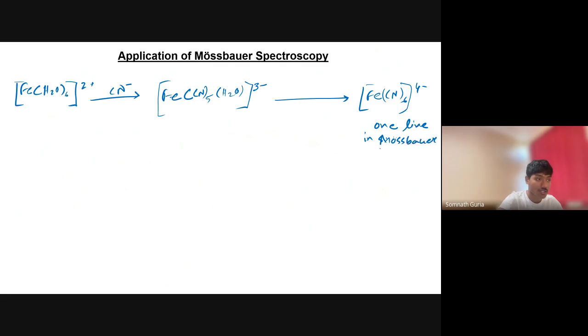So this will be 3 minus. Furthermore, as the time goes on, this forms hexacyanoferrous, 4 minus. This has one line in the Mossbauer spectra.